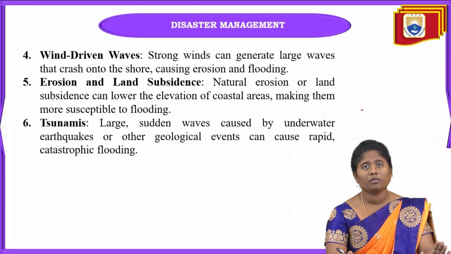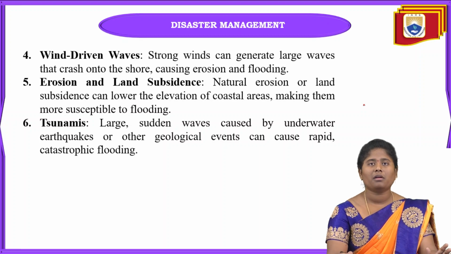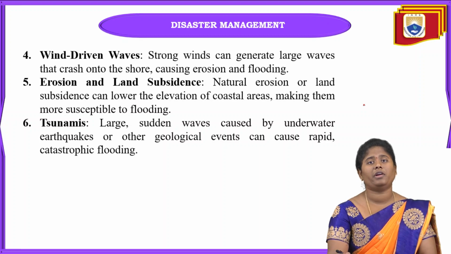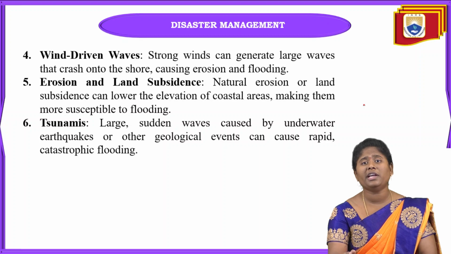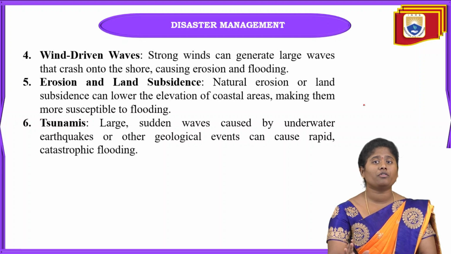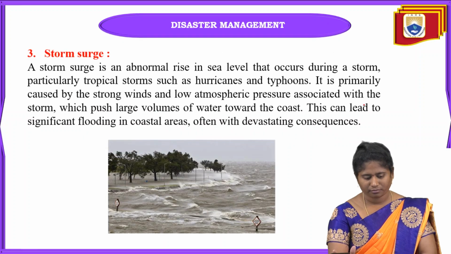Then, because of the tsunamis, it will give rise to rapid, sudden flooding. Catastrophic means very harmful and dangerous. Slowly it will come, and within a fraction of minutes it will destroy that whole area. So that's why these tsunamis are very, very dangerous, and this can lead to flooding also.